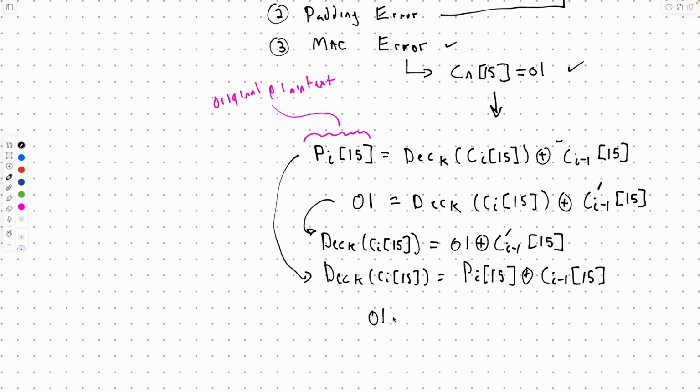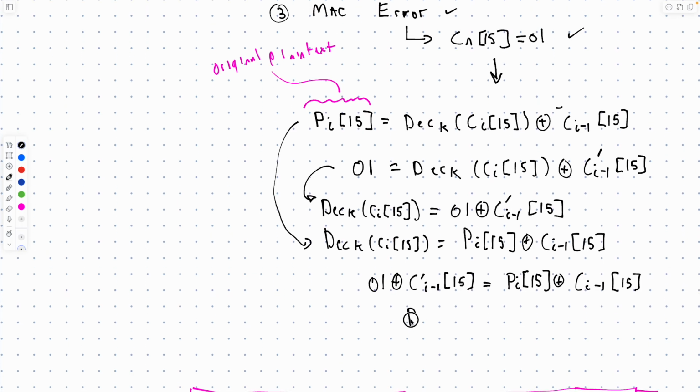Okay, so that tells me that 0, 1 XORed with my modified byte equals the plain text value that I'd like to learn, XORed with the ciphertext before I touched it. The last byte of the ciphertext before I touched it.